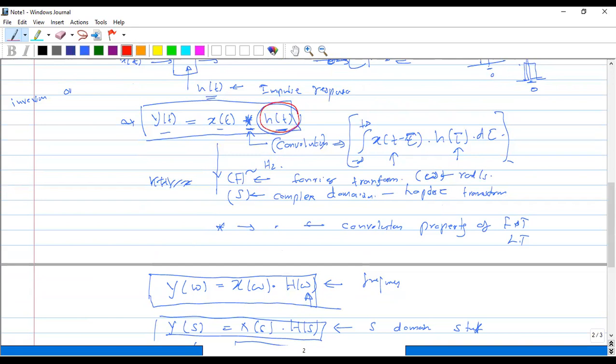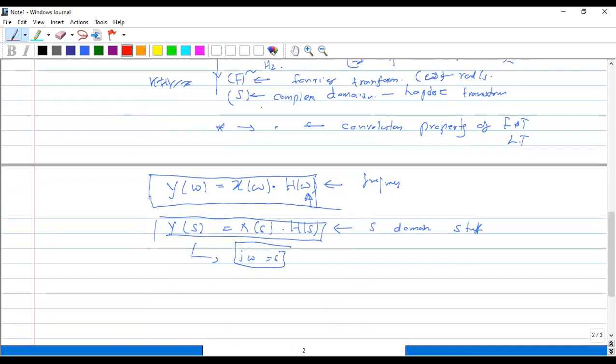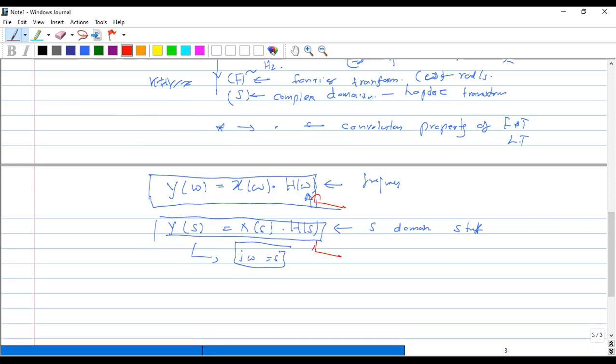And in the frequency domain or complex domain, the representation of the impulse response is called the transfer function.